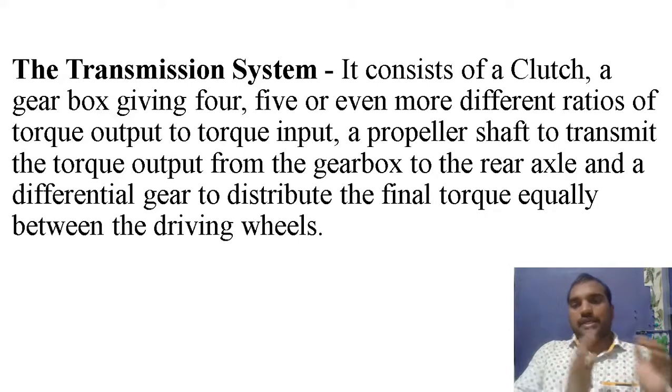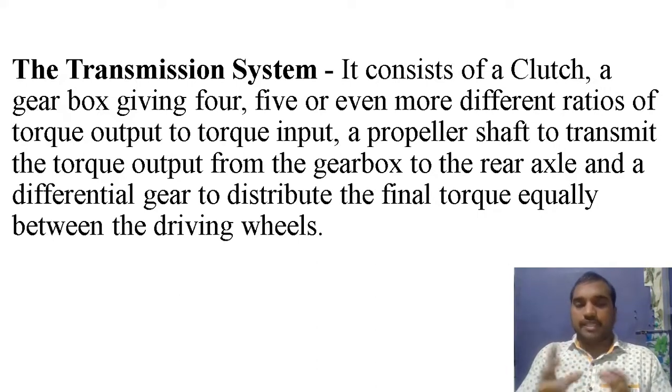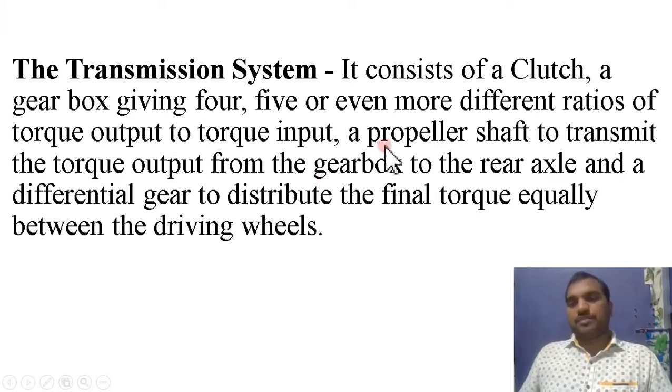Coming to the gearbox, what is the function of a gearbox? It sets 4 to 5 gear ratios, right? For the torque input we get different ratios, that is, different torque outputs can be set with the help of different gear ratios. Coming to the propeller shaft, what is its function?